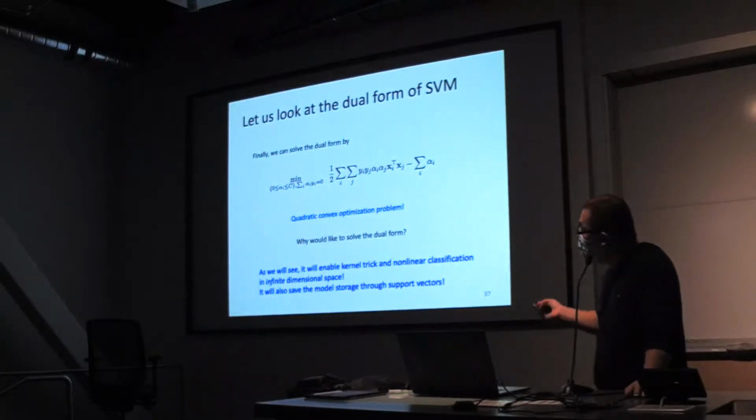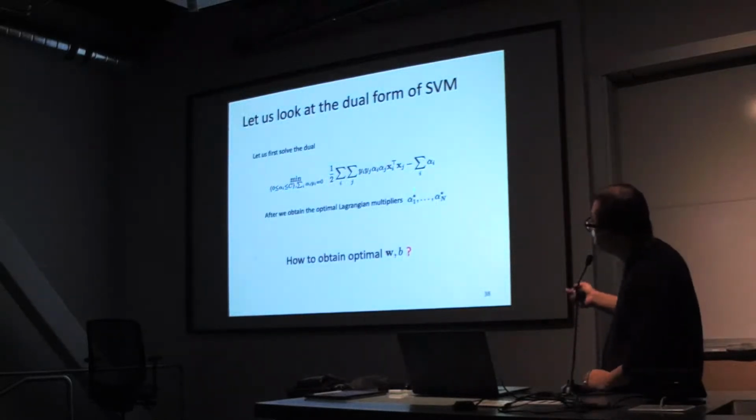But before we get into that, we need to know: in solving the dual form, we'll only get the optimal Lagrange multipliers alpha 1 to alpha n, if n is the number of training examples. And we want to know how we can recover the optimal model parameters w and b from them. That's the first issue we need to address.